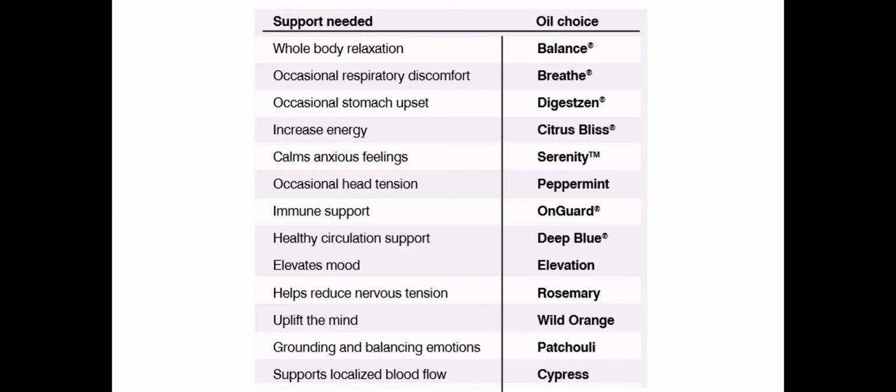Here are some suggestions. For calming anxious feelings, maybe you want to use Serenity oil. Or if they're not feeling so well, maybe you want to use On Guard to boost their immune system. Or if they're just not happy, or moody, having a bad day, then Elevation might be your oil for that.